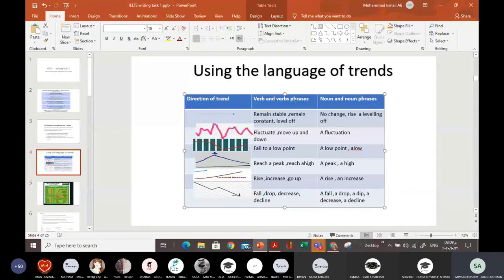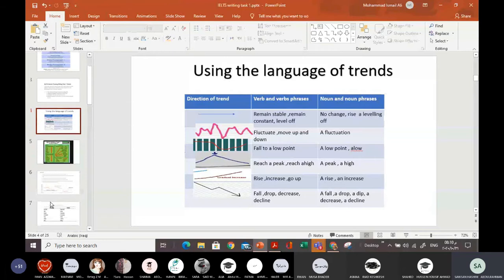I want you to keep all of these words in your mind because we are going to deal with all of these words totally. If you put these words in your mind, you will pass the task 1 writing successfully. Okay? I'll show you something before this and I'll come back again.